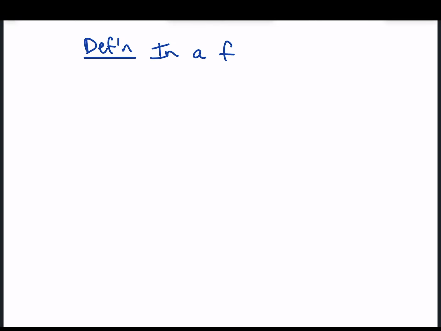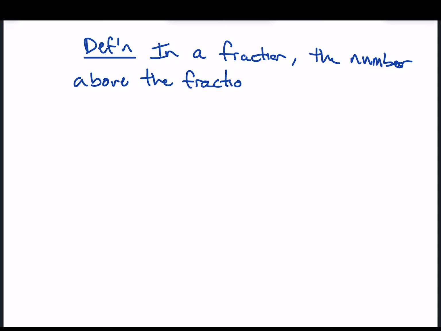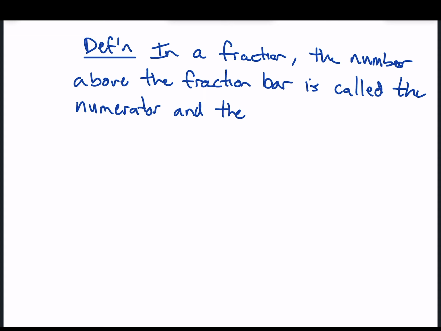In a fraction, the number above the fraction bar is called the numerator, and the number below the fraction bar is called the denominator.